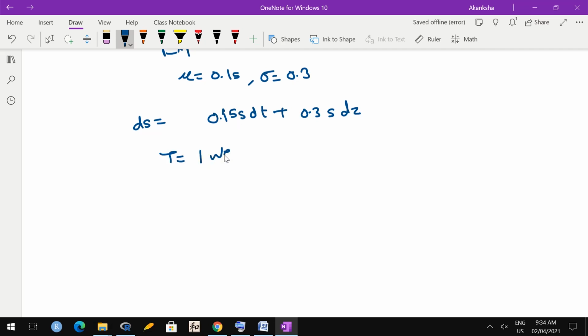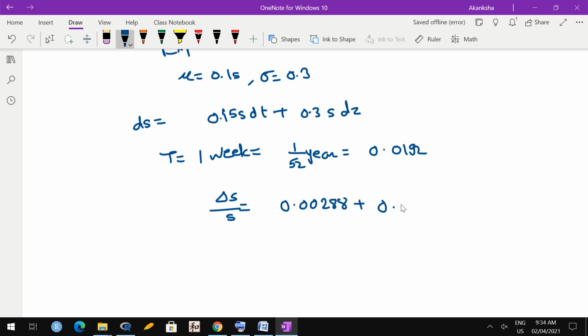One week is 1 by 52 of a year, which is 0.0192. Then delta S by S, with mu dt now 0.00288, plus 0.0416 times epsilon.